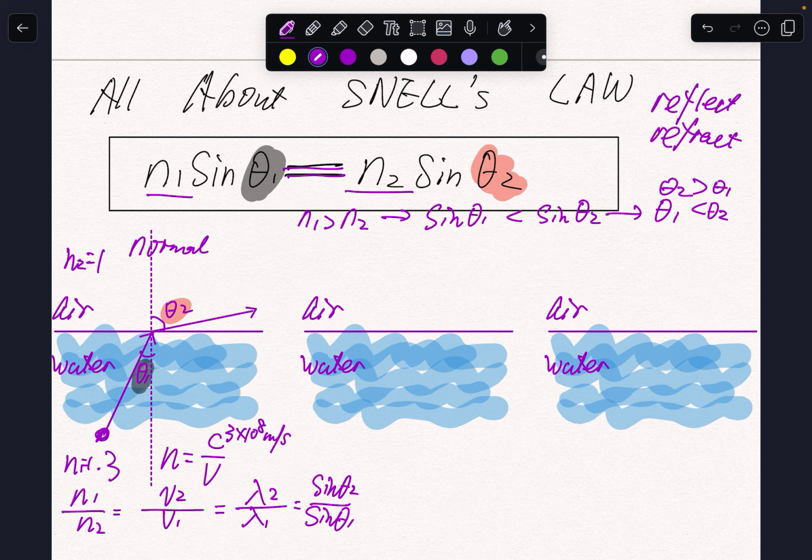All right, so now let's talk about the second scenario. As we see here, because n1 is larger than n2, theta 2 has to be larger than theta 1, right? So if I increase the angle of theta 1, let's say I now shine the light at this angle, then you see theta 1 is larger, but theta 2 has to be even larger than theta 1.